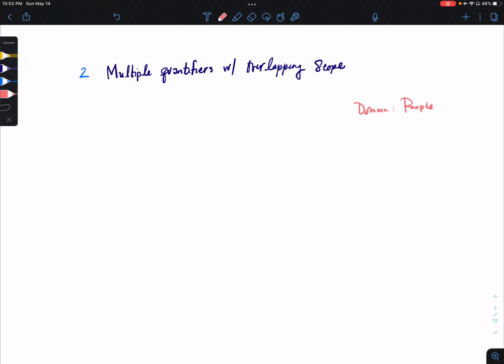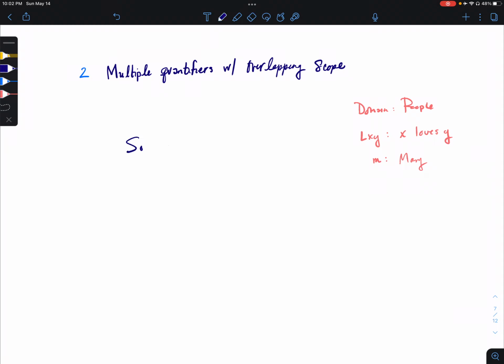And let's use the good old loves predicate. So Lxy is x loves y, and let's let m be Mary. Actually, let's do it the other way around.